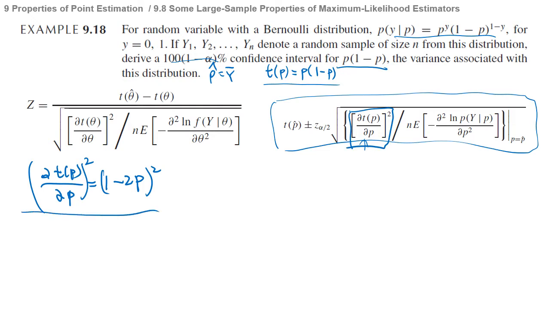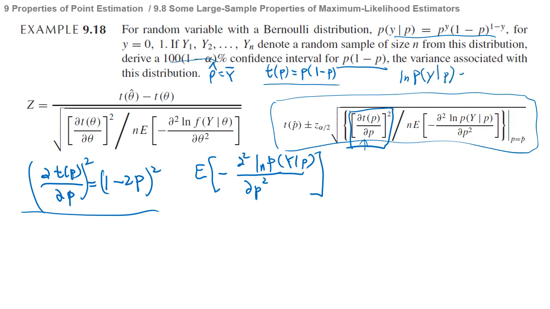And we will calculate this one, the expected value of minus the second derivative of ln p(y given p). Okay, so ln p(y given p) is y ln p plus (1 minus y) ln(1 minus p).